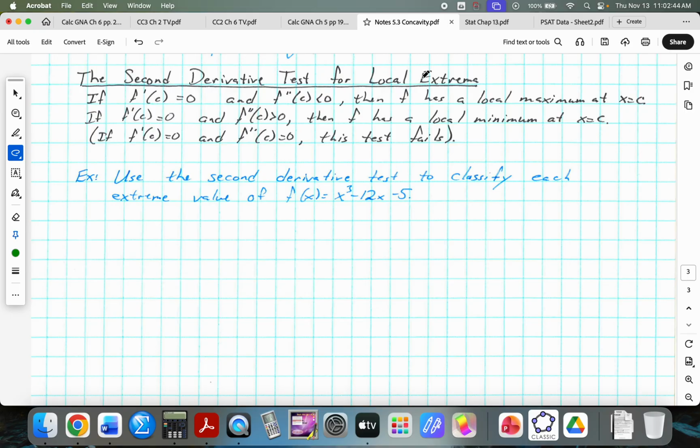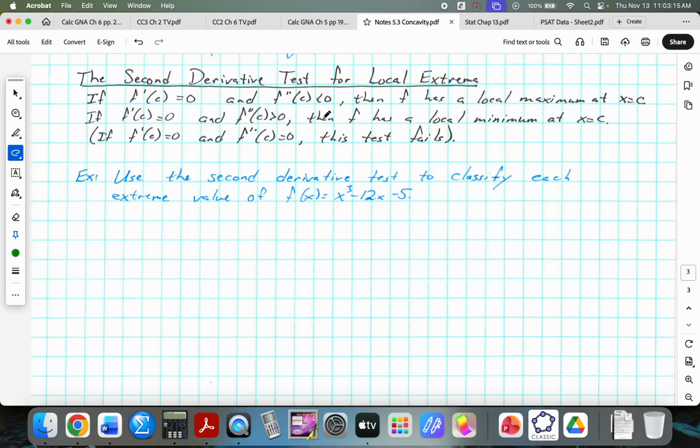The second derivative test for local extrema says this: if f prime of c is 0 and f double prime of c is less than 0, then f has a local maximum at x equals c. Well, let's think about that. If f prime at a particular point is equal to 0, then if you were on the graph of f, you would notice that it had a horizontal tangent, right?